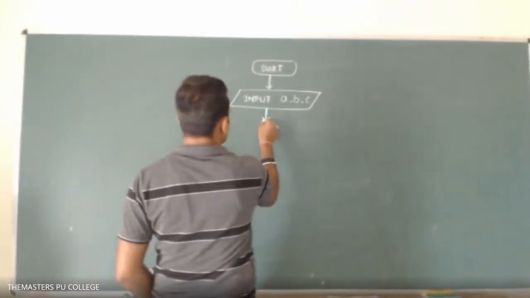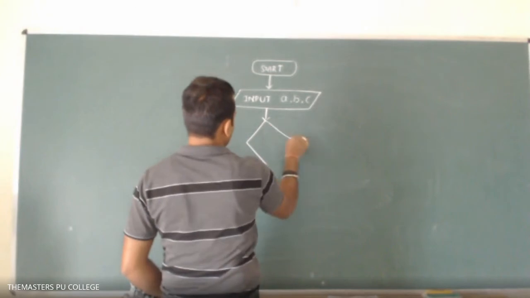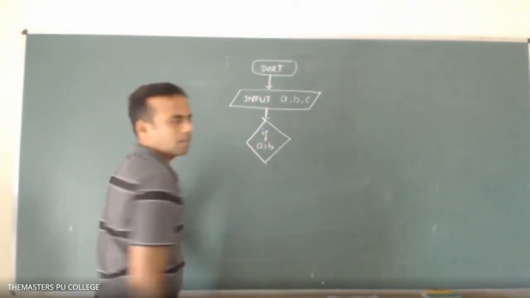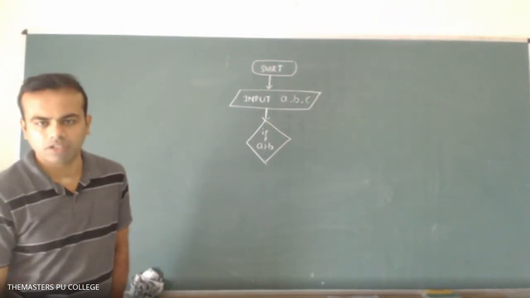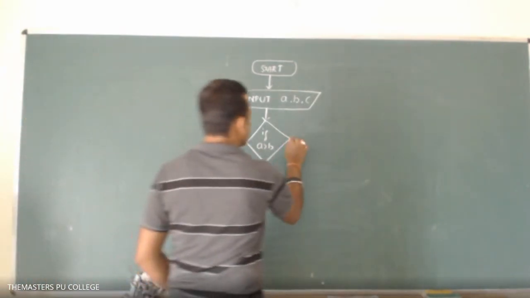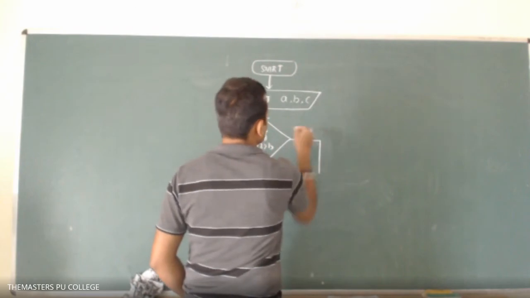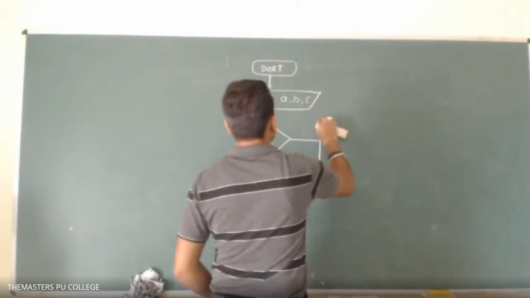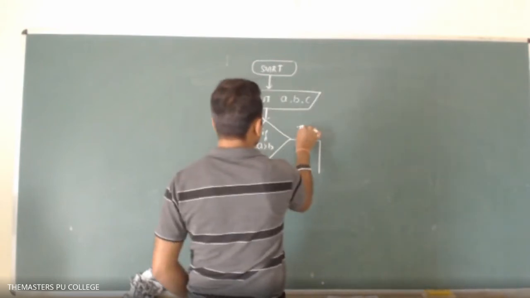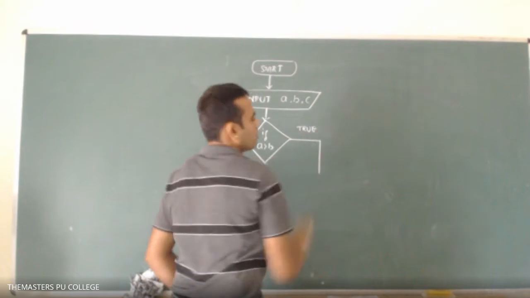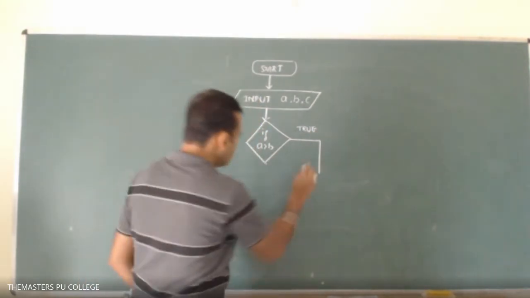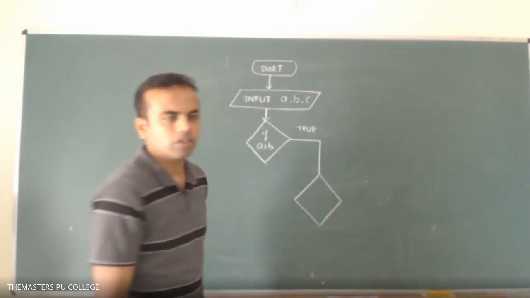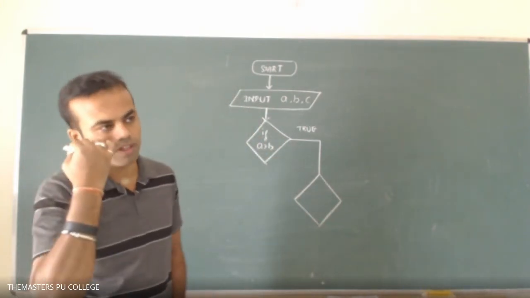Okay, first you check if a is greater than b. This is the first condition. If it is true, you can write yes or true. Then you check again: what is the other variable we need to compare with?